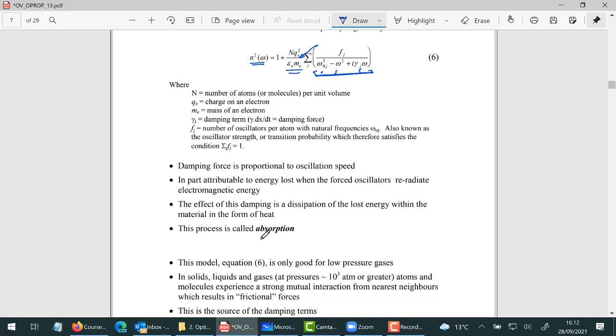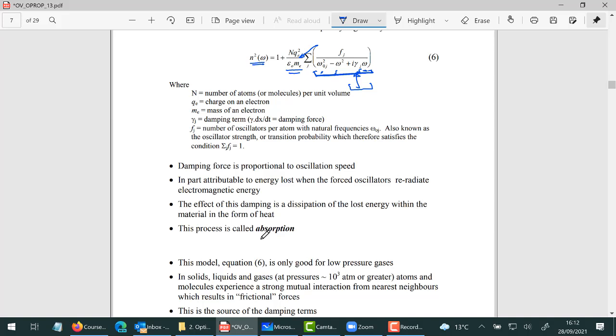So the damping force is proportional to the oscillation speed, omega, and the energy that's being lost will be lost here in this part of the equation. So the damping force is given by the imaginary part of that equation.